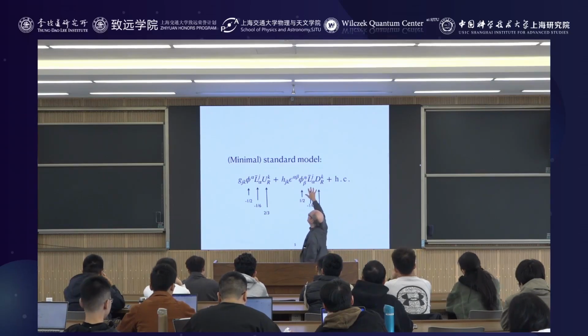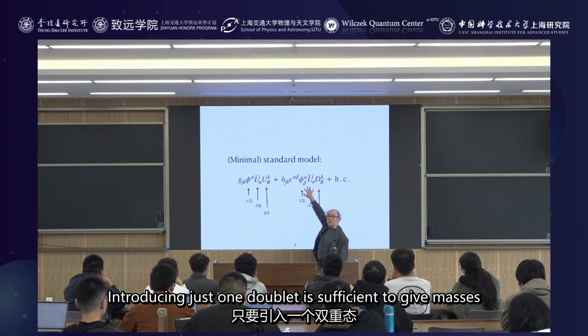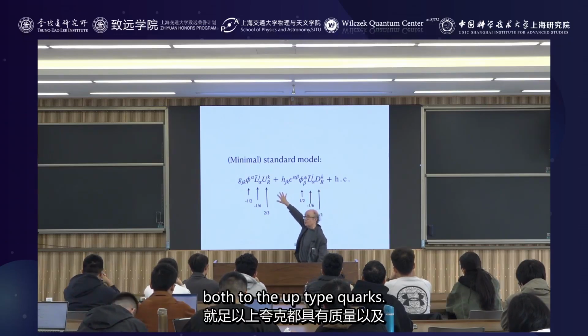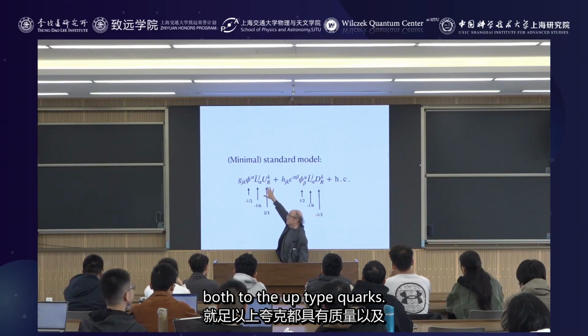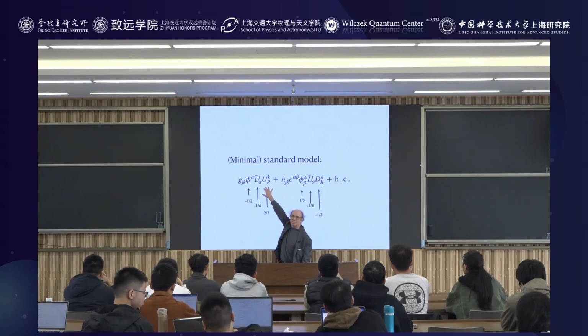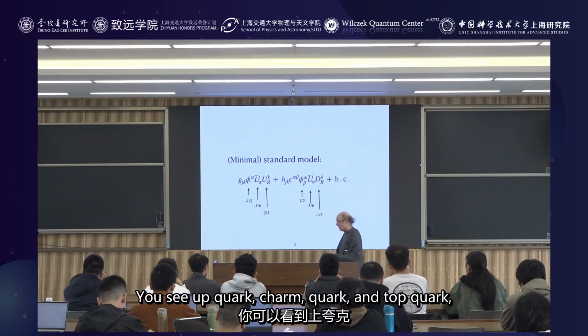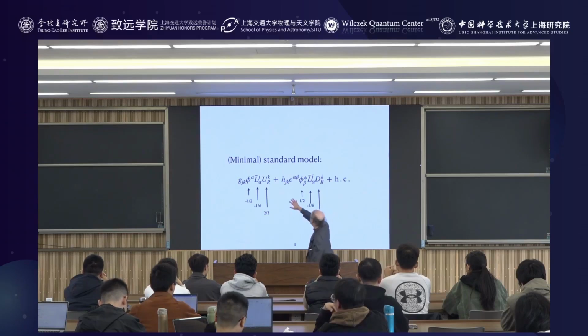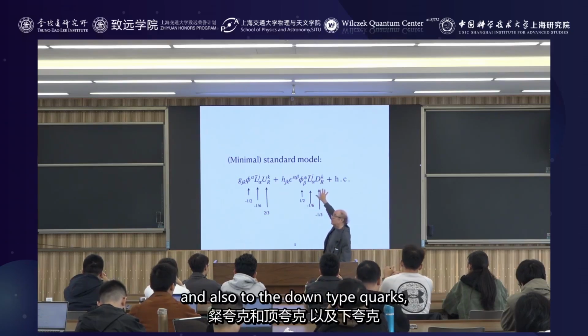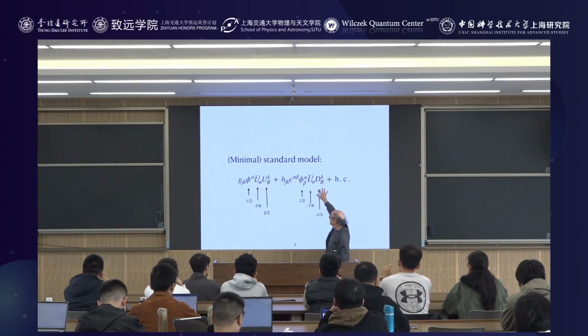And introducing just one doublet is sufficient to give masses both to the up-type quarks, up quark, charm quark, and top quark, and also to the down-type quarks.